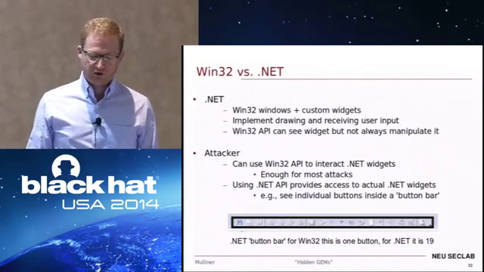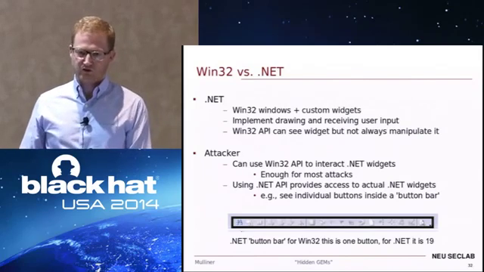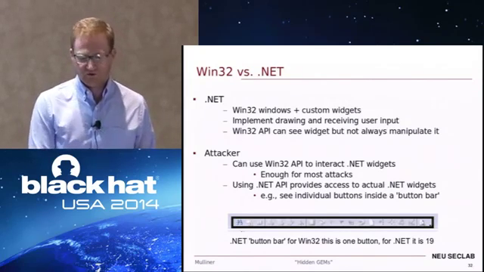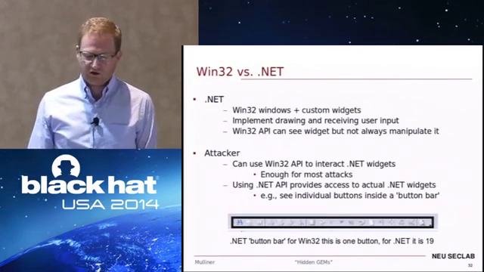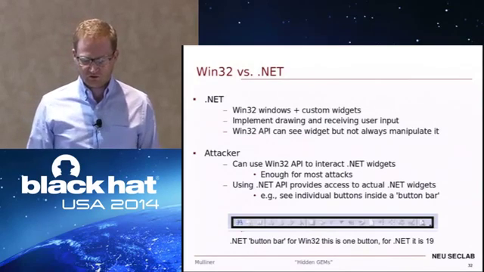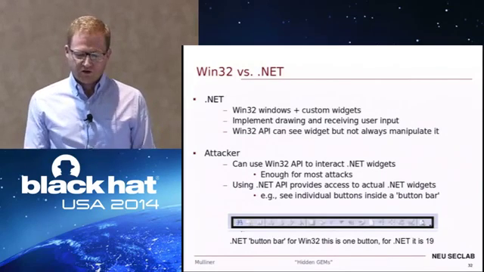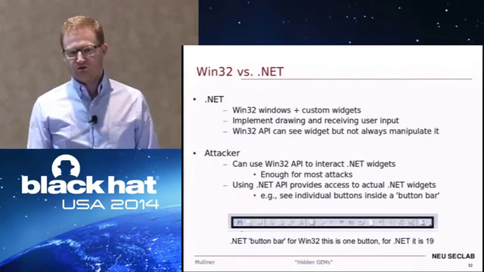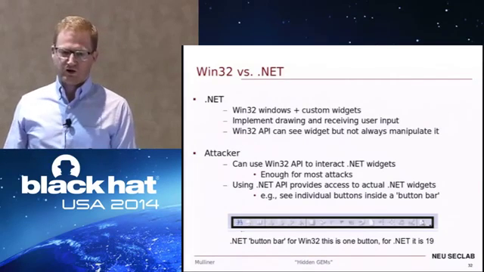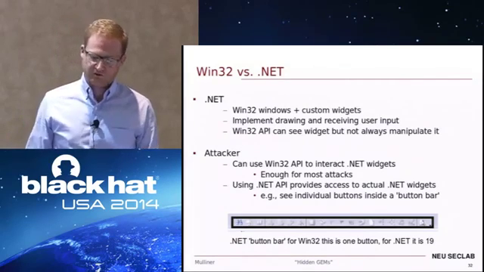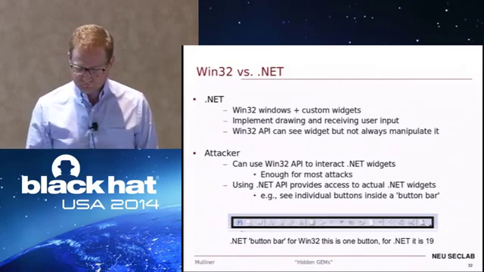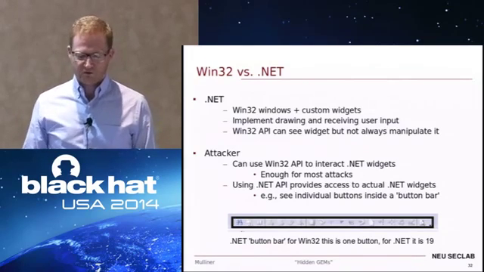So the Win32 API can also be used to see those widgets and manipulate the very basic things like the visibility state and so on. As an attacker, you can use the Win32 API and have very basic access to everything, no matter if it's .NET or Win32 or whatever. And it's really enough for most attacks.